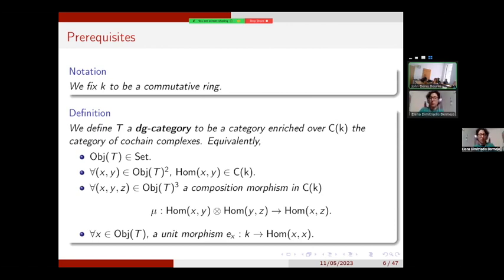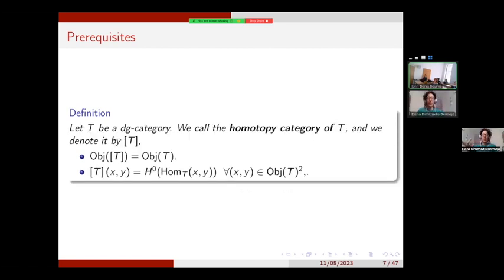Now, we want a model structure, and for that, we need at the very least to define the weak equivalences. For that, we will use the homotopy category of T. So if we have T a DG category, we define its homotopy category to be a category with the same objects, and between every two objects, the cohomology in degree 0 of the co-chain complex.